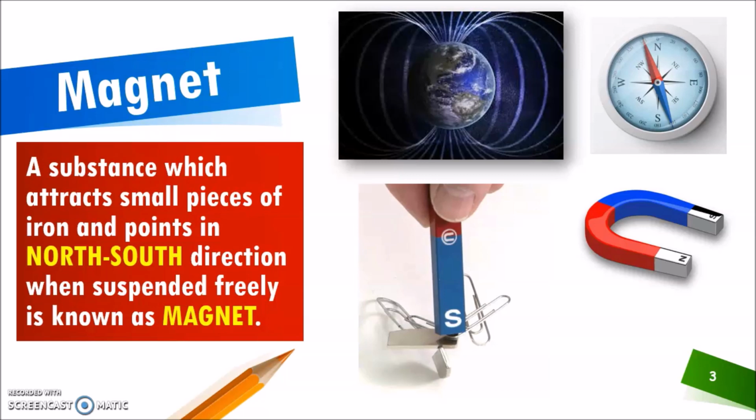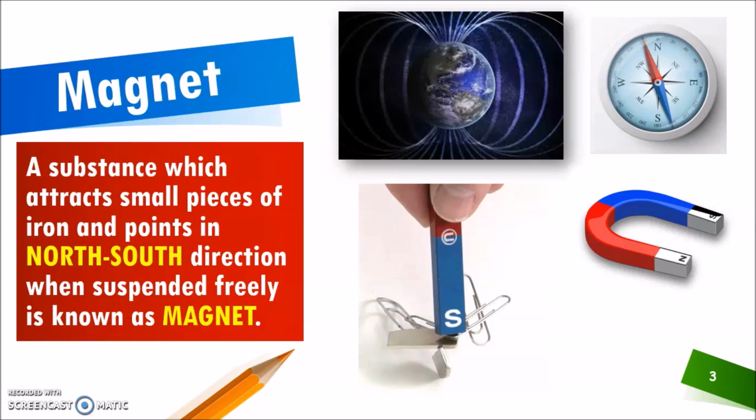The ones which we see are made from electricity, so those types of magnets are called electromagnets. Okay. So this is the small introduction of a magnet.